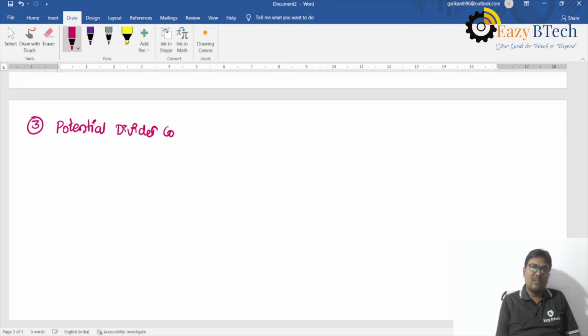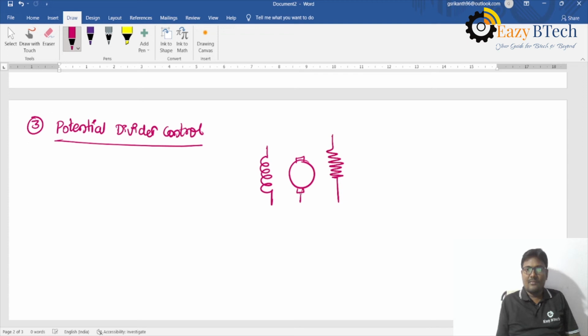So, potential divider control. This is the field winding, and the armature winding is connected like this. Here the armature is connected. This is at start, and this is at maximum.